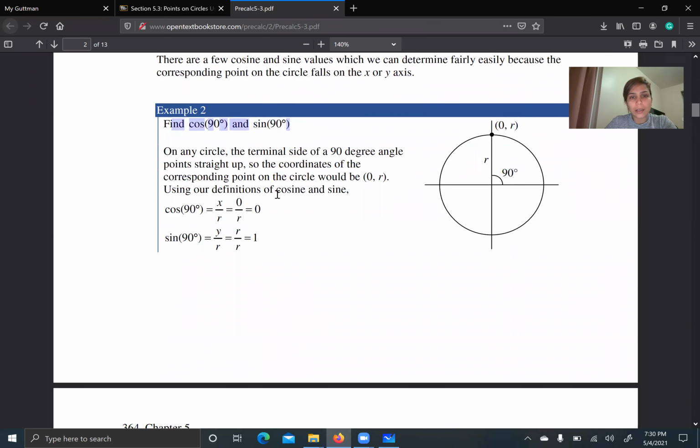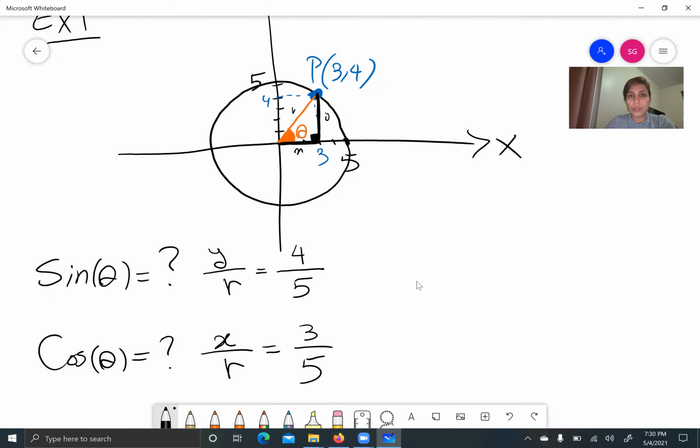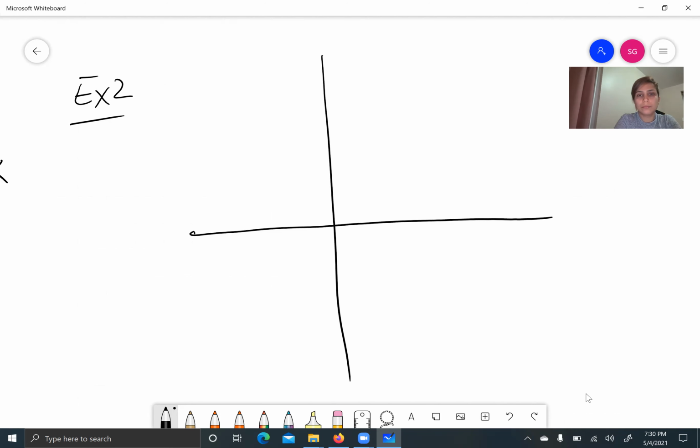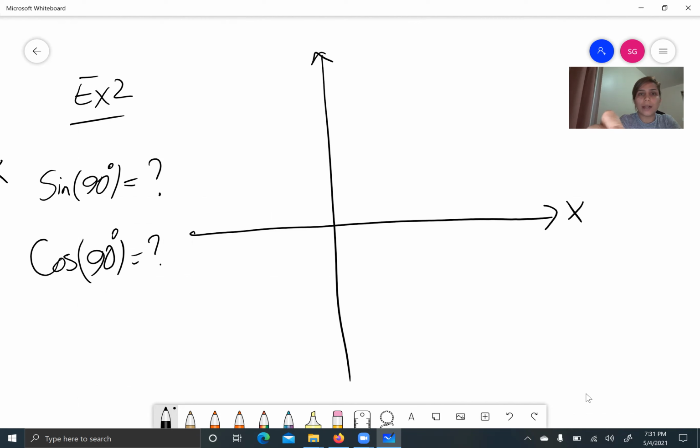Example 2: find cosine and sine of 90. Okay, for 90, where is 90? Look. The question is find sine of 90 degrees, find cosine of 90 degrees. So let's first draw, show 90 degrees on the x, y coordinate.